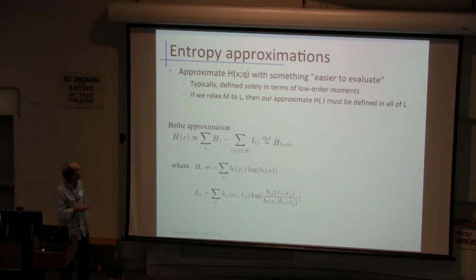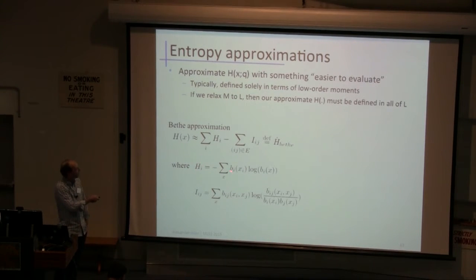So it turns out that one possibility is what's called the Bethe approximation, and this is going to correspond to Loopy BP. So the Bethe approximation approximates the entropy of a distribution in terms of only its low-order entropies. So we sum over all the variables of the entropy of each variable individually, and then subtract the mutual information between pairs of variables in the edges.